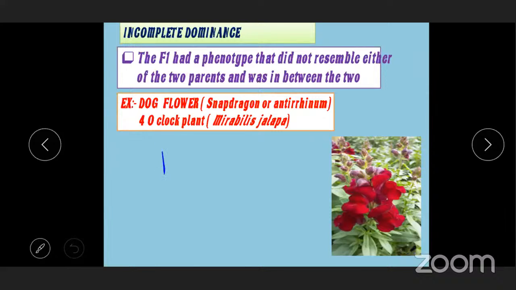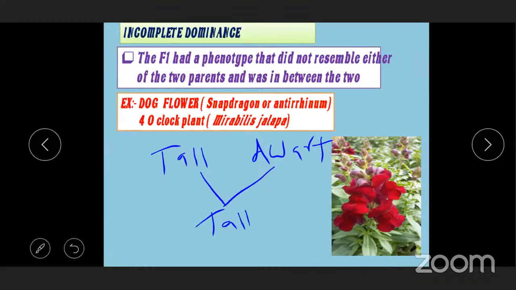For example, tall crossing with dwarf. In the next generation, tall or dwarf, whatever it may be, whatever is expressed in the F1 generation, say tall, will be produced. Yes, the tall is present in the parent.